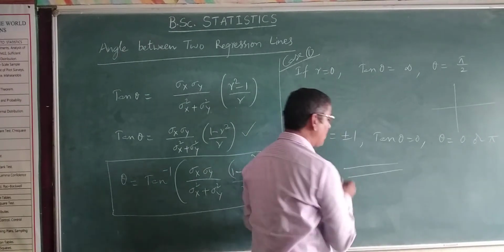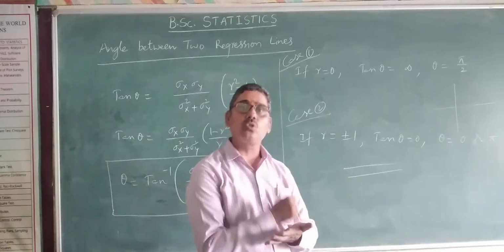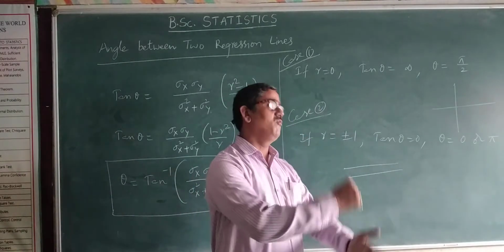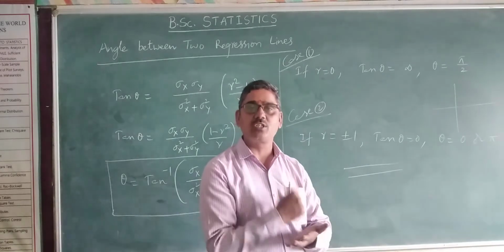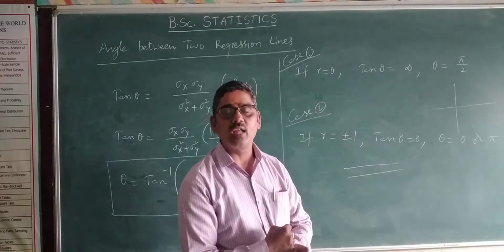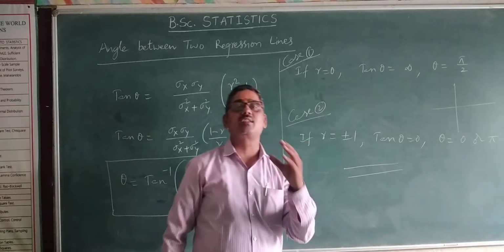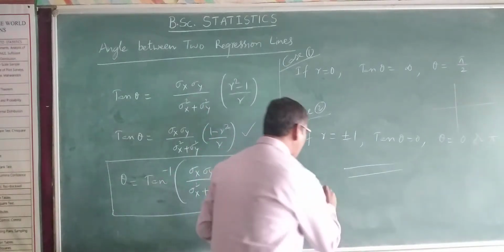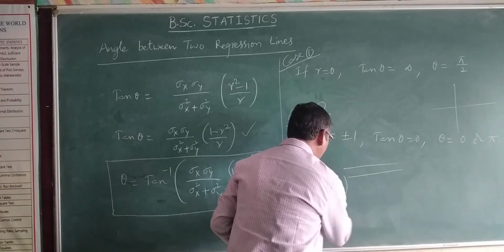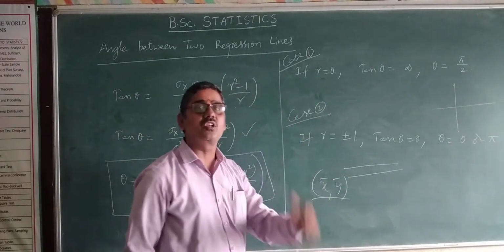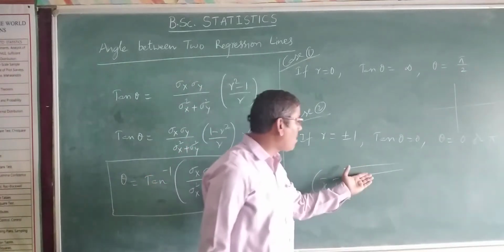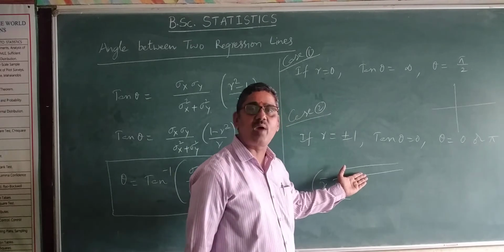But that is not the case. Why? For two regression lines we have one common intersection point, that is x bar comma y bar. X bar comma y bar is the intersection point between the two regression lines. Then where is the common intersection point between parallel lines?